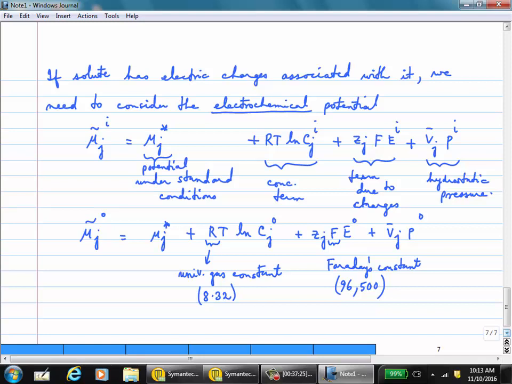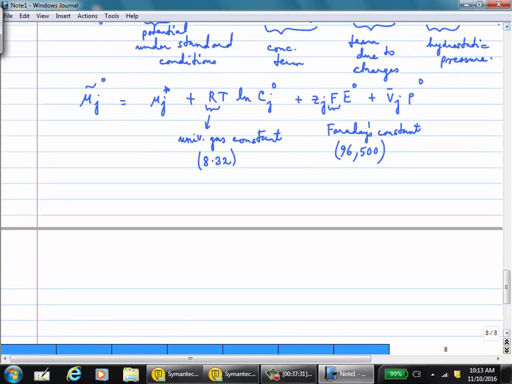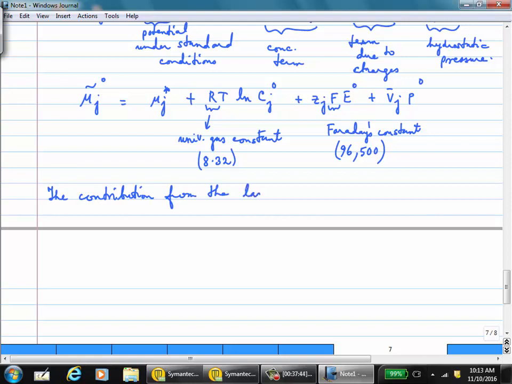That last term will drop out, or we won't consider it. So we will ignore the difference in the last term for these two equations.